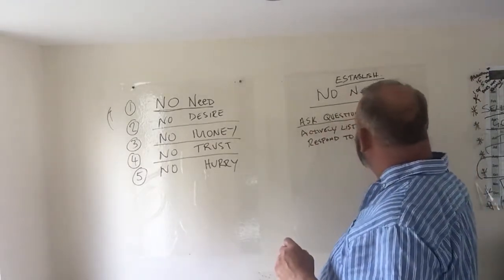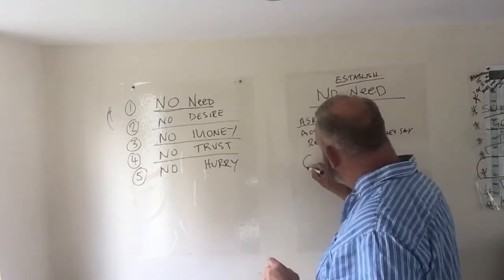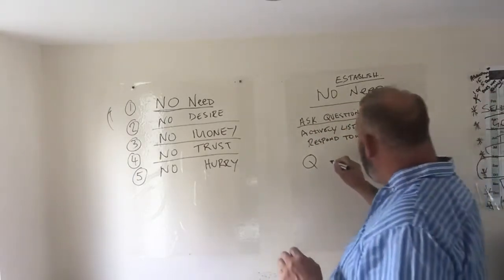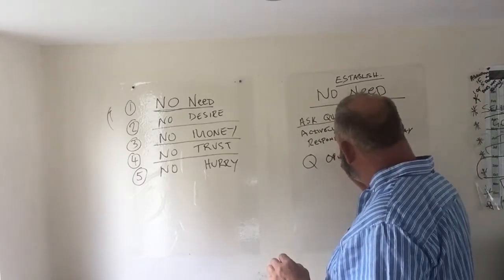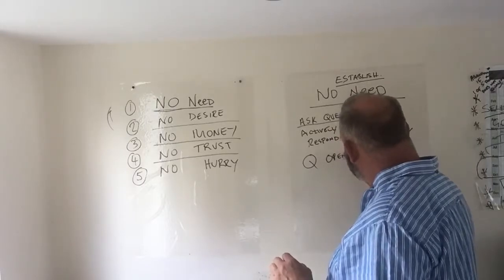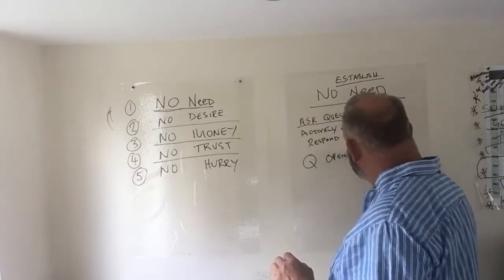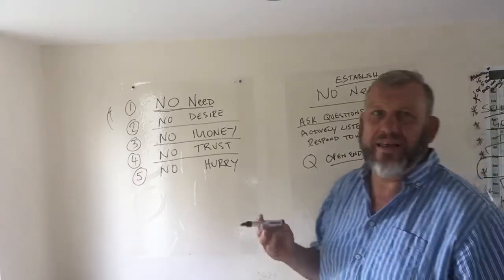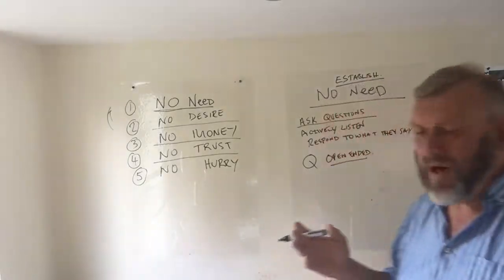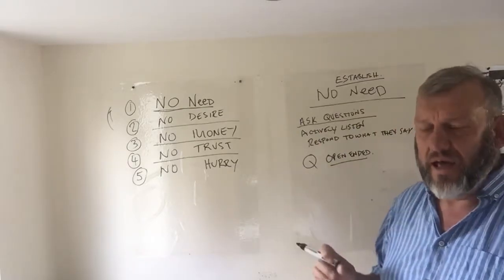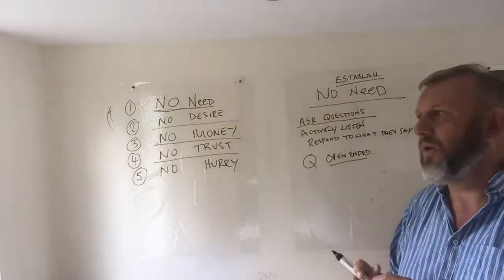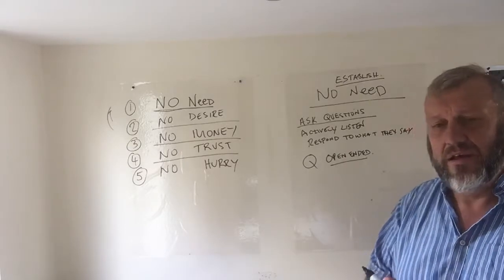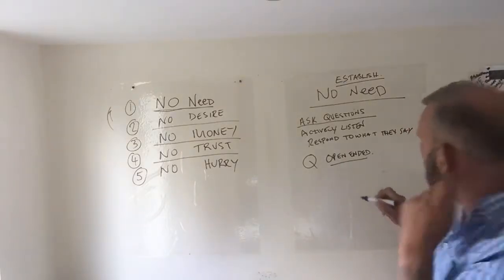First thing we do, we ask a question. That question needs to be open-ended. For example, you're going to ask them why they contacted you. What actually compelled you to make the inquiry online? What compelled you to pick up the phone and make that inquiry? They're going to then answer that.